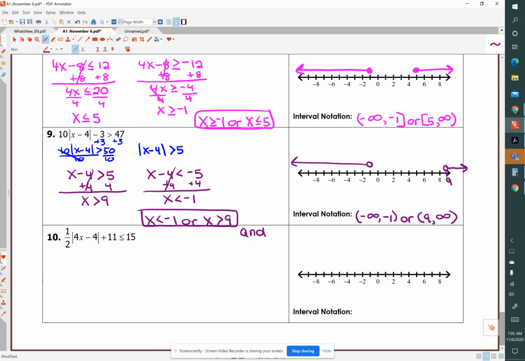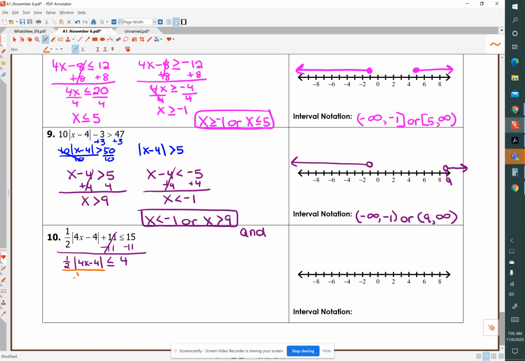Okay, did you try it? How did you do? First, I want to subtract 11 from each side of the inequality. That will give me 1/2 the absolute value of 4x minus 4 is less than or equal to 15 minus 11, which is 4. Now, guys, I know what you're thinking. Are you kidding me? I'm dividing by a fraction. Yeah, you are. Think about this.